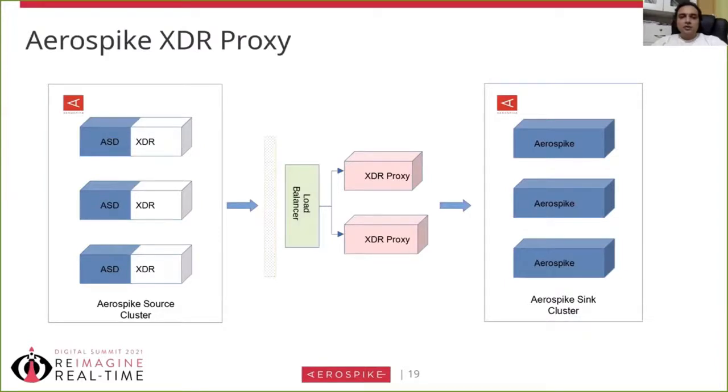The way you do that is have a firewall, have a load balancer behind the firewall, open up the firewall to the load balancer IP, and then behind the load balancer run one or more instances of the XDR proxy. The way this entire setup works is any change that happens to the source Aerospike cluster is streamed by the Aerospike XDR component through the firewall to the load balancer.